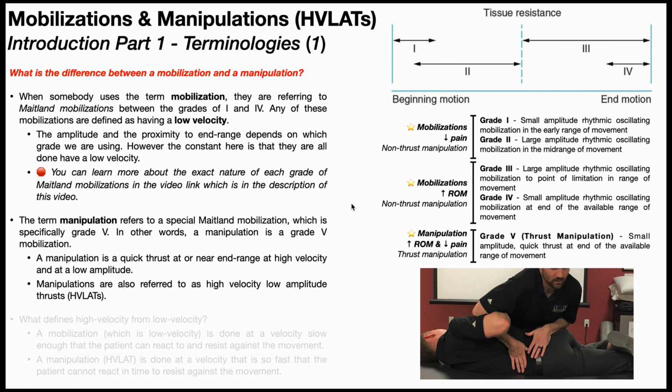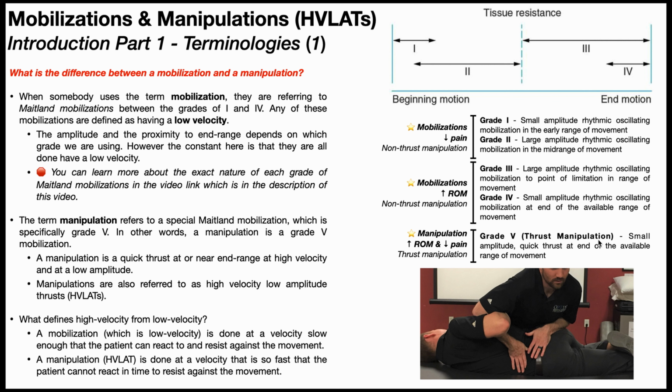They can be called grade 5 mobilizations, although most people don't refer to them as that. And in the chiropractic setting, they're termed adjustments. Sometimes patients come in and say, "I had this adjustment done." Almost always, that's referring to a manipulation, a thrust manipulation. And manipulations are done at a high velocity.